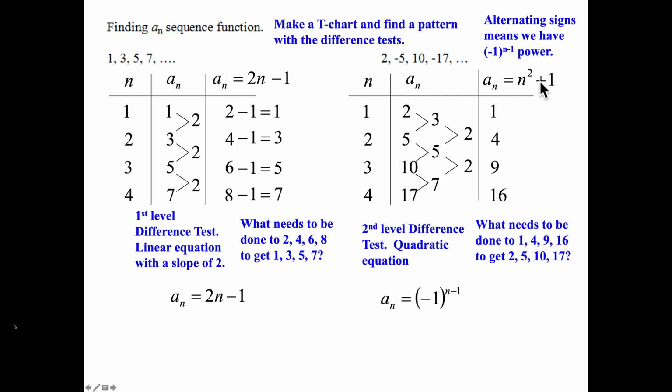I need to add a 1. And if we test it, sure enough, 2, 5, 10, 17, there's my numbers. And now if you do the alternating signs with this, you'll have that original sequence. So we'll take the n squared plus 1, put it in parentheses, and multiply it to this negative 1 to the n minus 1 power.